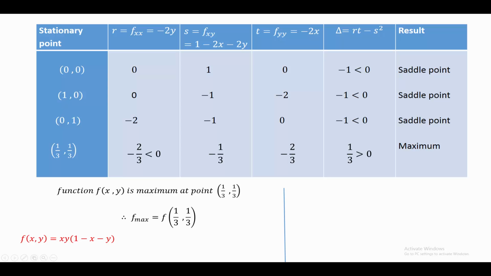Put x is 1/3, y is 1/3, we get 1/3 into 1/3 into the next bracket 1 minus 1/3 minus 1/3. So we get 1 upon 9. Inside the bracket LCM is 3, so 3 minus 1 minus 1. So 1/9 into bracket 1/3 is equal to 1 upon 27, which is the maximum value of the given function.